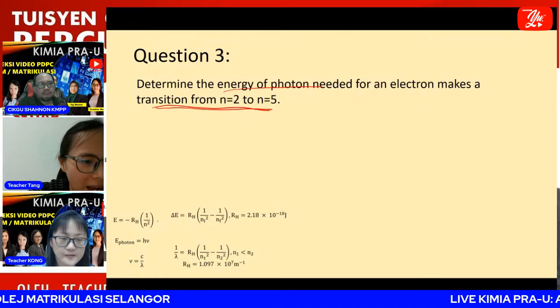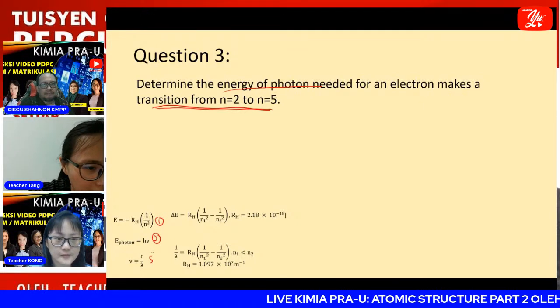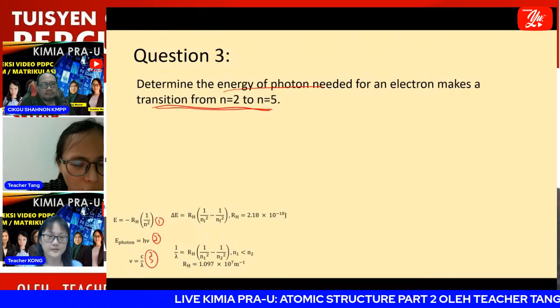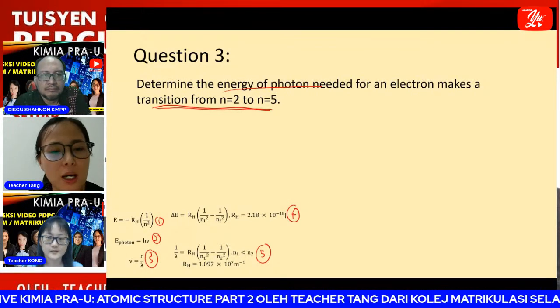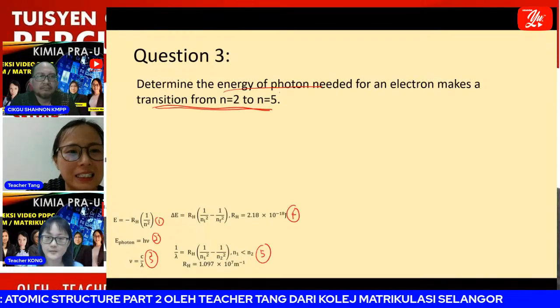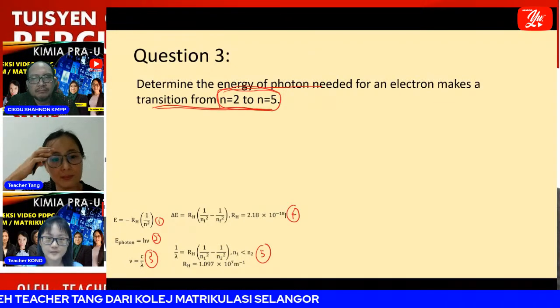Out of these 5 formulas, you choose one first. Which formula do you need to use to calculate the energy of the photon?